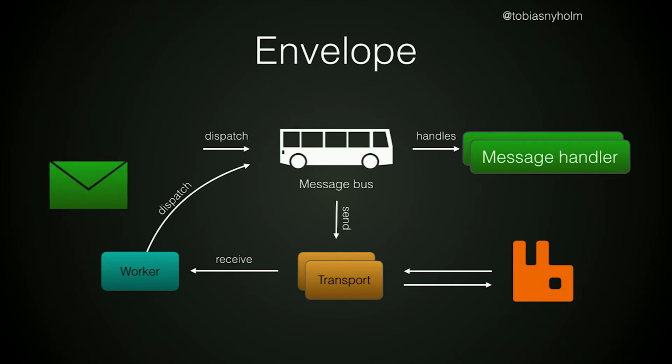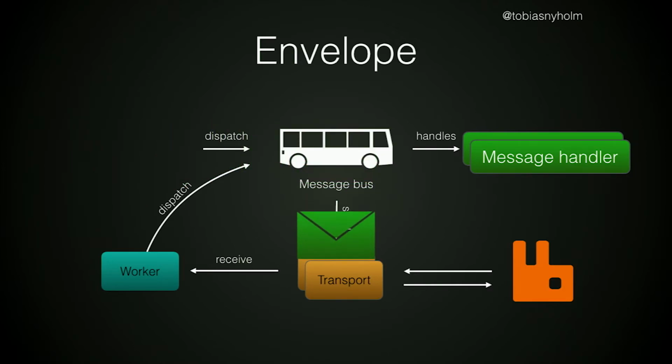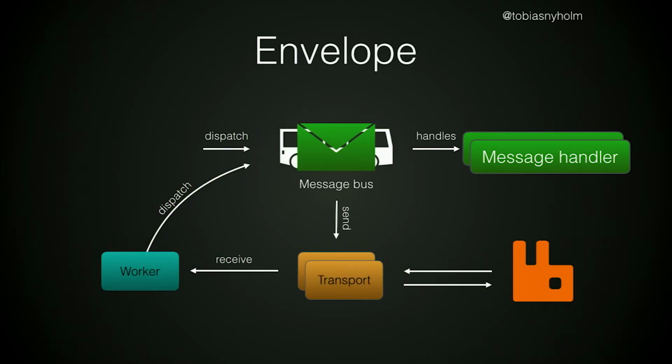On this envelope, you'll write which validation groups you should use, or maybe which strategy to retry the message and so on. The thing here is that you don't need to know about the envelope. If you're writing your own middlewares, you would never see the envelope unless you implement some interface. But there are ways to send some metadata with the message.